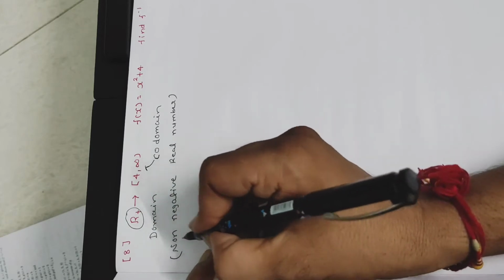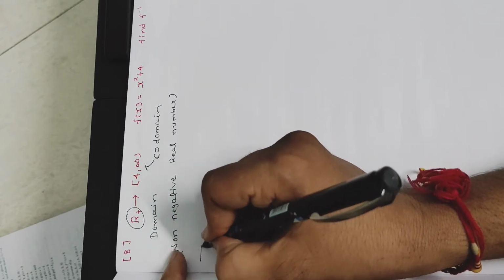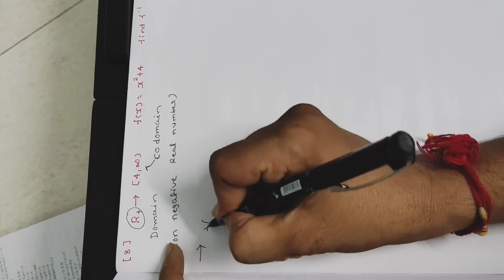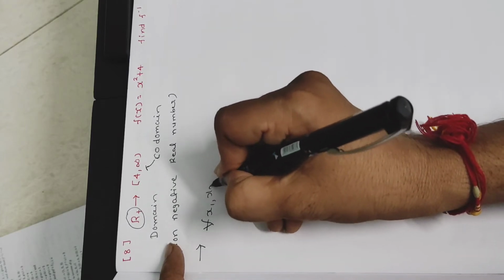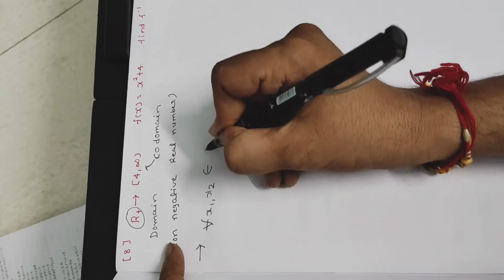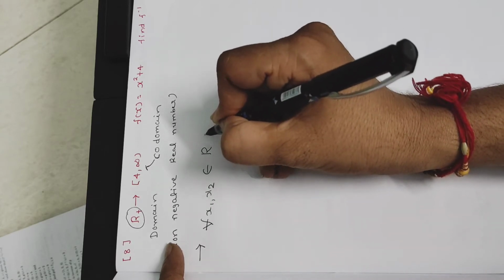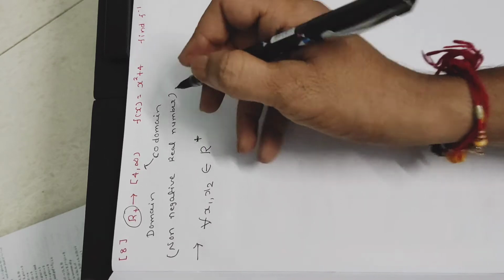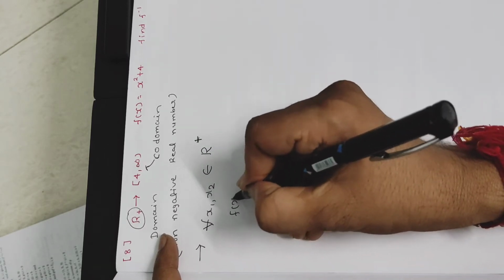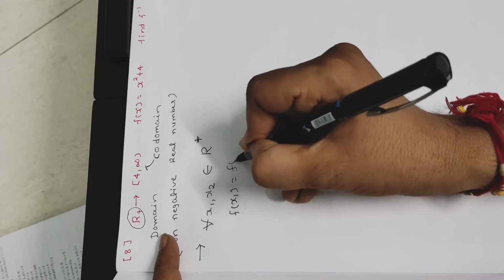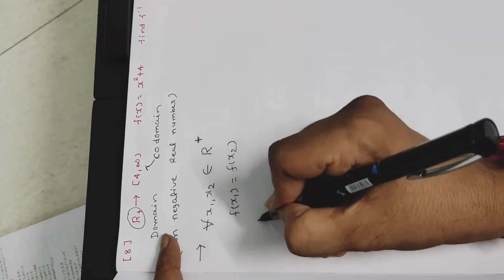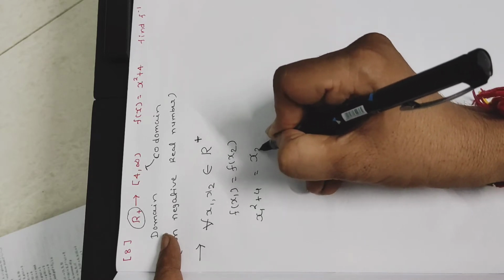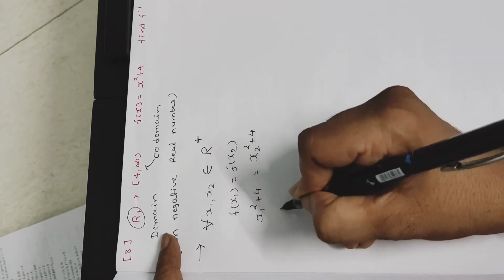Now first, to find f inverse, I have to prove it is 1-1. So for all x1, x2 which belong to R positive, f(x1) is equal to f(x2). It means x1 square plus 4 is equal to x2 square plus 4.